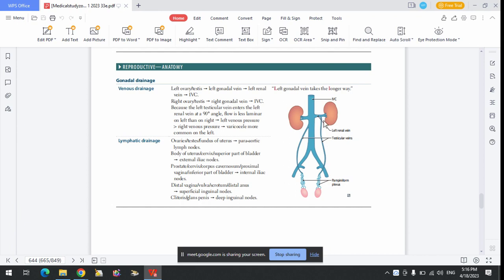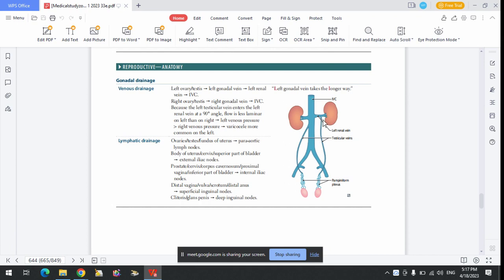But you guys see that there's more like a right angle connection here. So this is a form of anti-gravity stuff. That means that it's possible for stasis to be happening here, and the blood flow will be working extra to bring the blood up and now direct it in this axis towards the IVC. So there's stasis here, so there's build up of blood in this area.